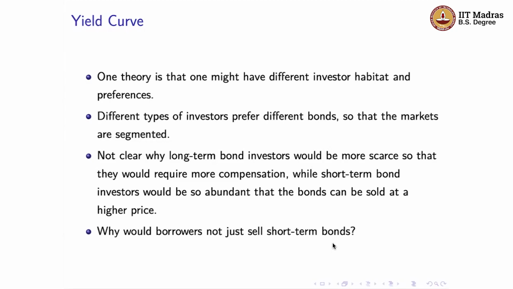But what this theory does not tell us is why it should be the case that you have got these long-term bond investors who are so scarce that they would require more compensation, right?